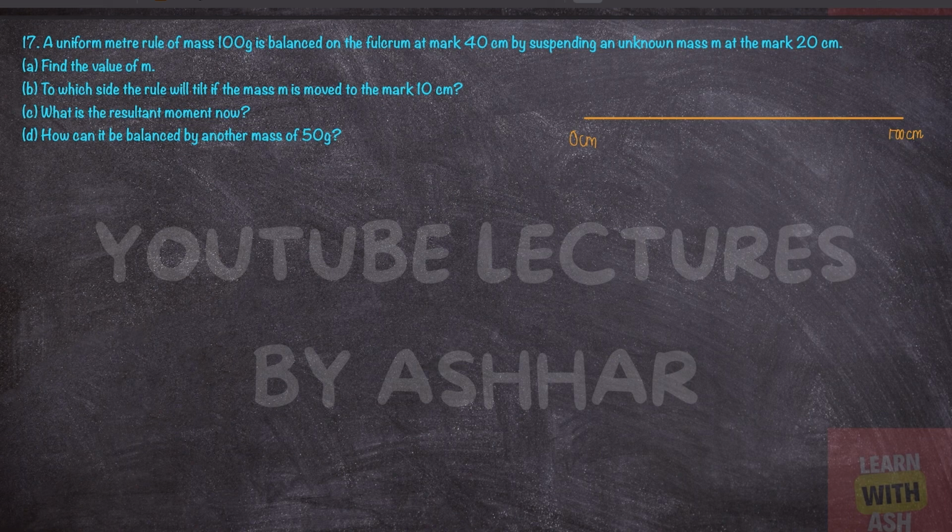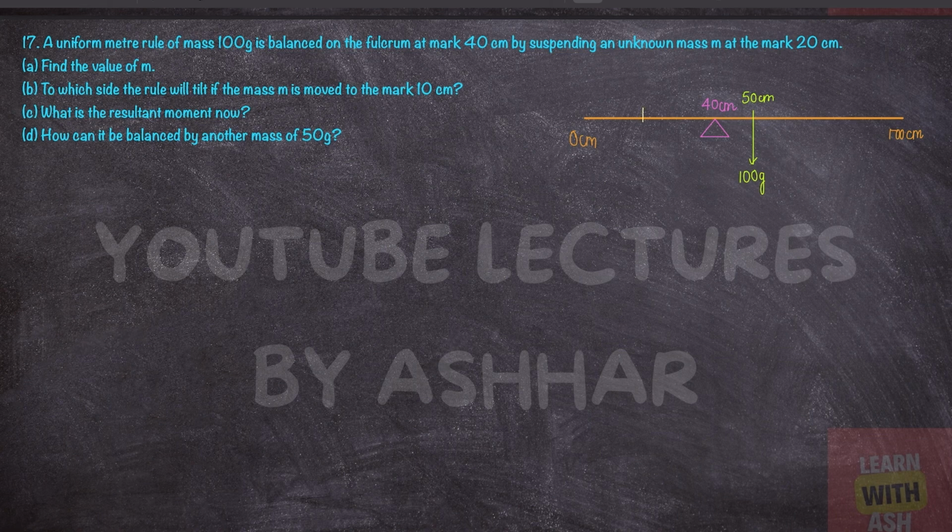First of all, the weight of the meter rule will lie at its center of gravity, which is 100 gram at 50 centimeter, but the fulcrum has been made at 40 centimeter, and they have told us that they have suspended a particular mass m which is unknown to us at 20 centimeter mark.